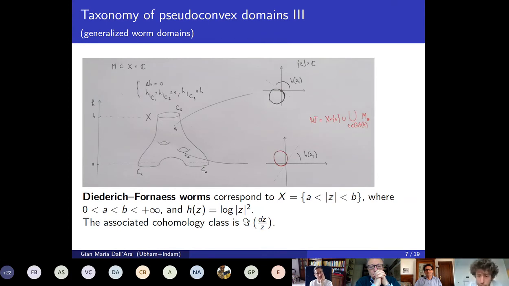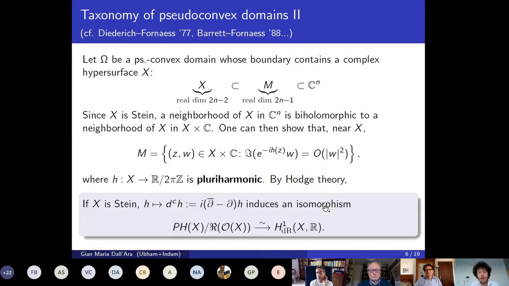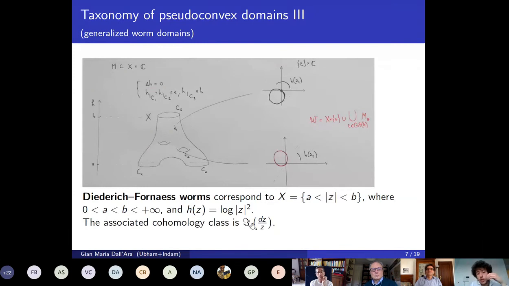So it is the simplest case you can imagine where you can have some non-trivial cohomology class, and the harmonic function is actually a generator of the cohomology in terms of the correspondence that I described here. In this case, the associated cohomology class is the imaginary part of dz over z, which is a generator of the real cohomology. So in a sense, this is the simplest non-trivial example of a large class of domains containing Riemann surfaces in the boundary.